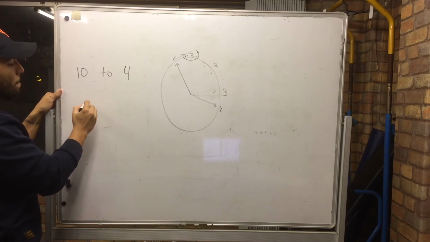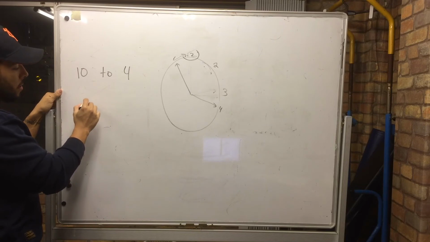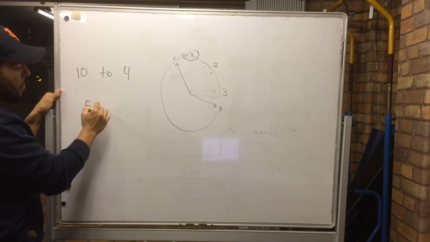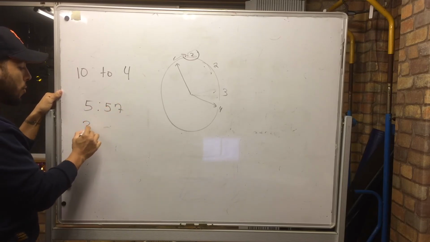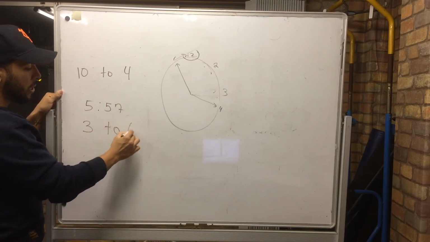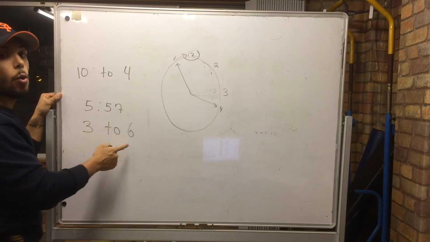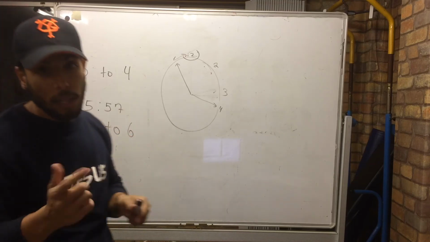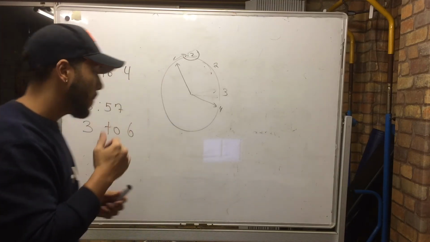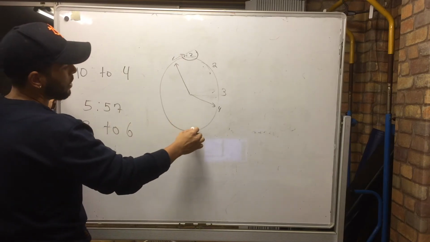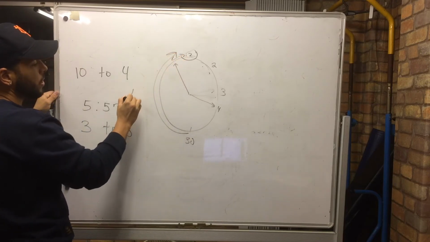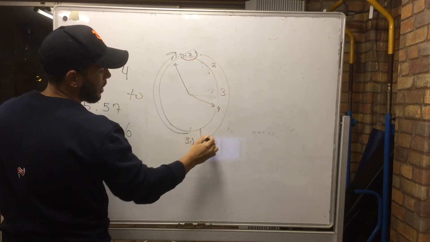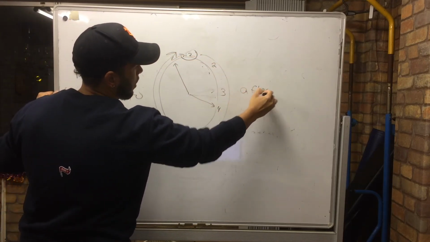Or let's say it's 5:57. This will be 3 to 6. So in 3 minutes, it's going to be 6 o'clock. So remember, once it passes 30, then you start counting this way. You start counting to. And this one is after or past.